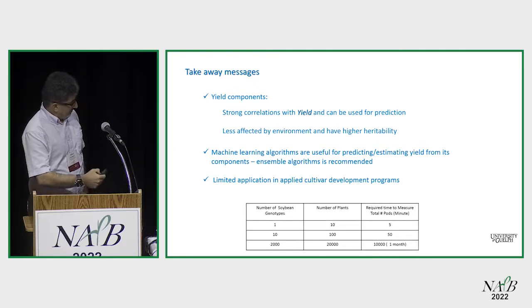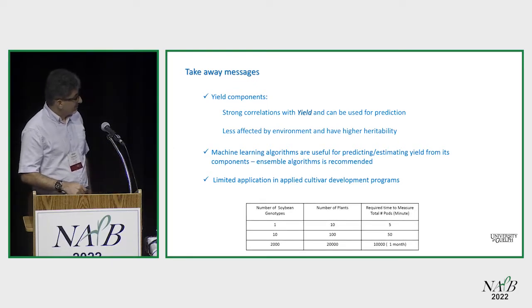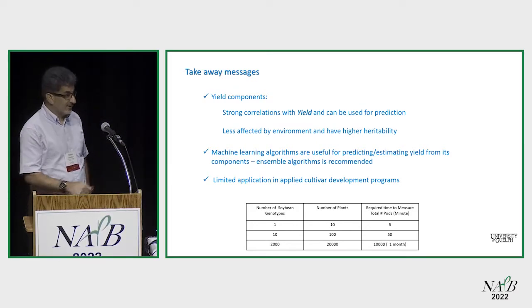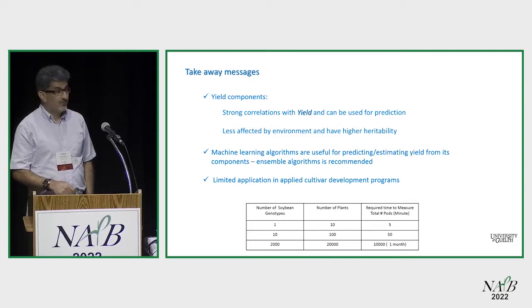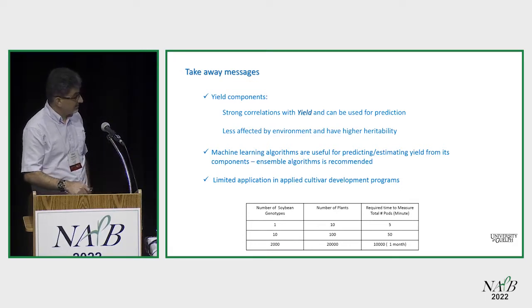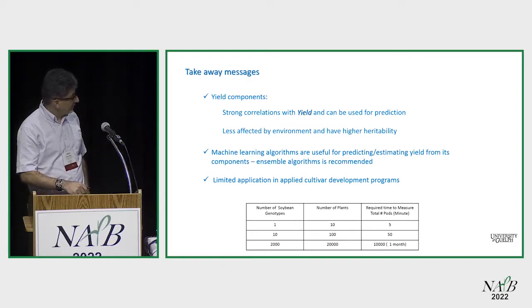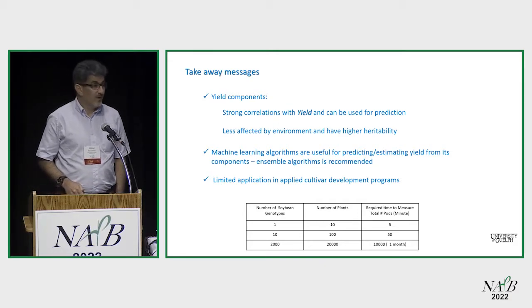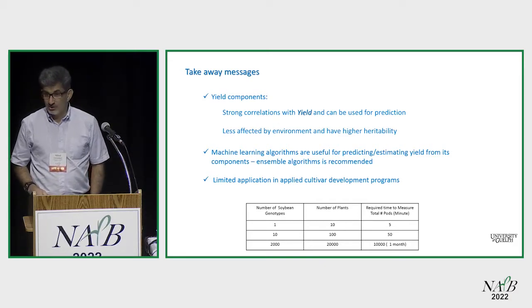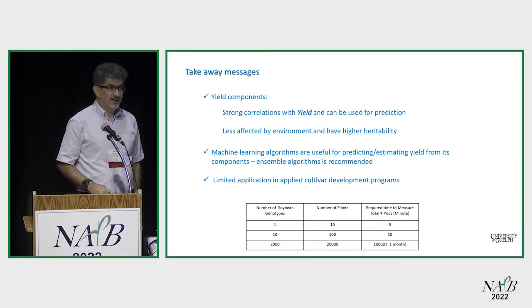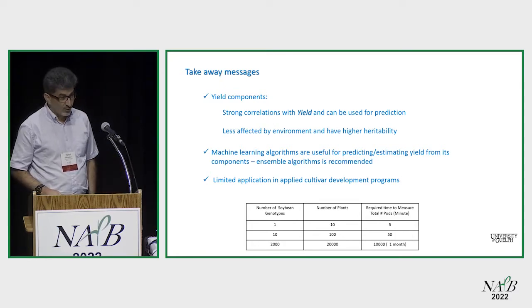One of my former PhD students did some simple calculation of the amount of time he put into measuring just the number of pods for each genotype, which is 10 plants. He dealt with 2,000 plots and 20,000 single plants, and he calculated that he put in 1,000 minutes to measure that, which is about 1 month of 8-hour working days.